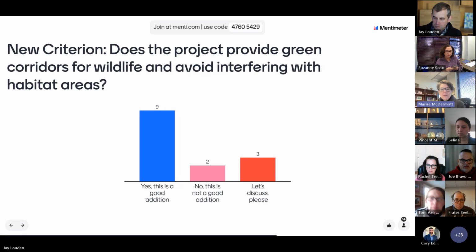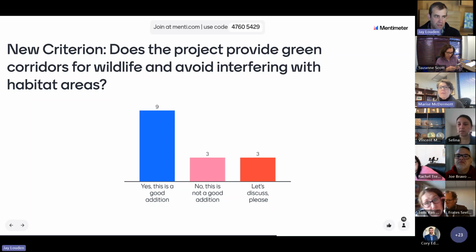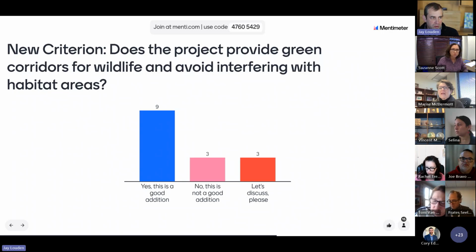I'm not sure that we understand exactly what habitat areas we're referring to, what kind of wildlife. It is addressed in other questions that we've already been through. Yeah, that's a good point. I don't know that we specifically address that differentiation in habitat type anywhere.